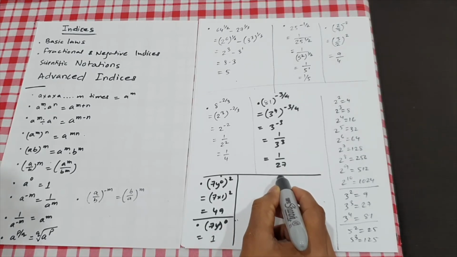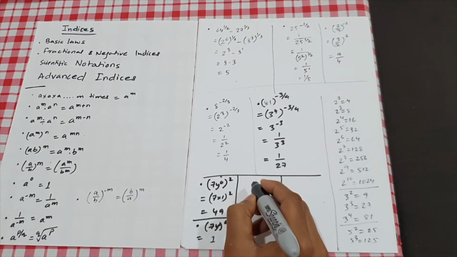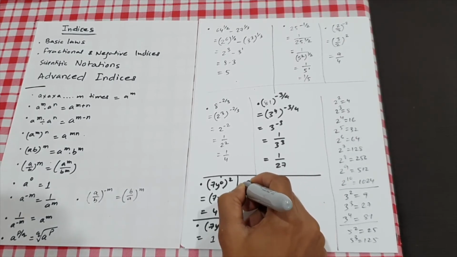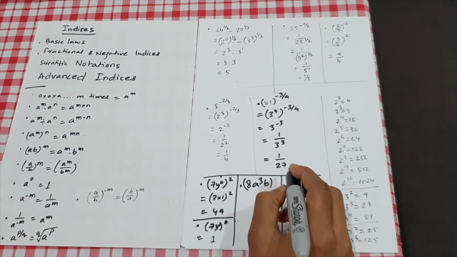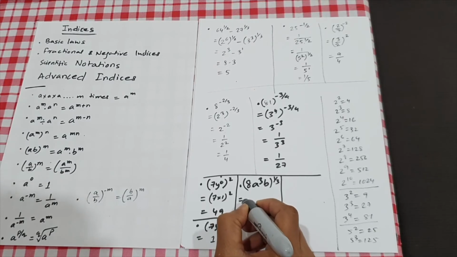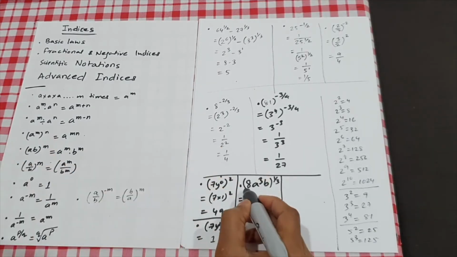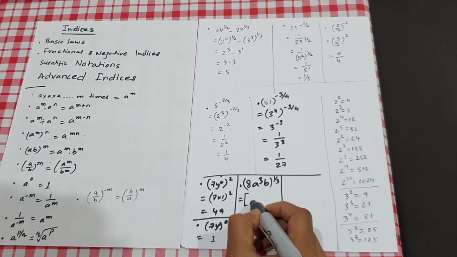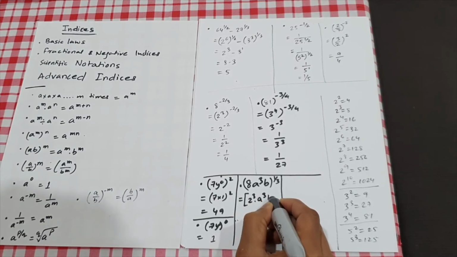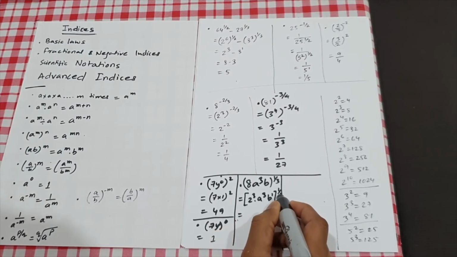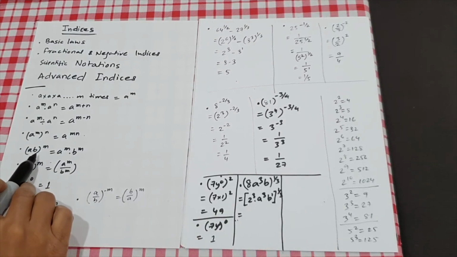Okay, we'll take some more examples. 8a cubed b, and you have to take a 1/3 power of that. So 1/3 power of this entire expression means we have to apply it to each of these. So we'll try and expand this. This is 2 to the power 3, this is a to the power 3, and this is b to the power 1. We need a 1/3 power of all of this. So 1/3 has to be multiplied with each quantity.